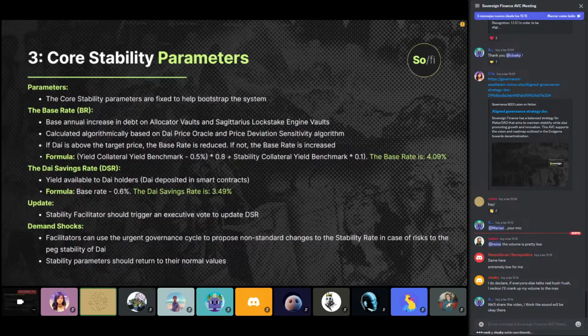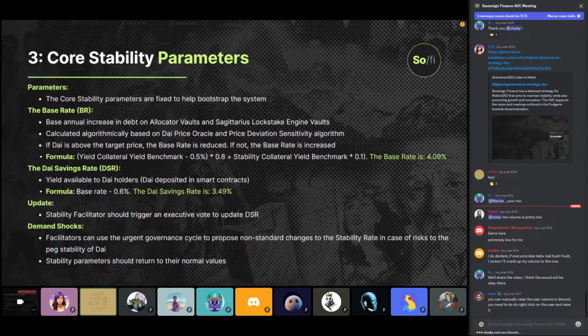In this era of MakerDAO, we were tasked with mostly things related to decentralized collateral and things which are on-chain.